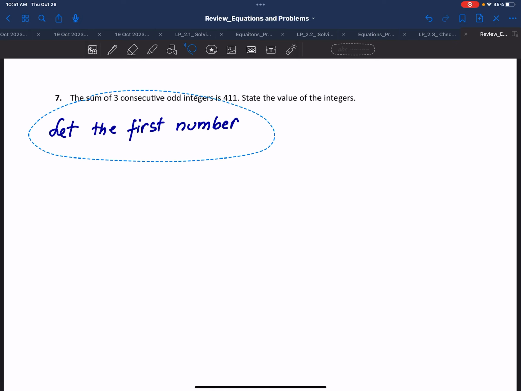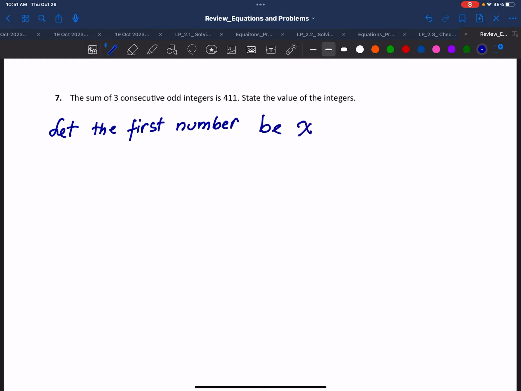Organize our information, very important. So let the first number be x, then the next number will have to be 2 units greater, because we're talking about not just any consecutive number, but consecutive odd. And the next number will be 2 greater than the previous, or in other words, x plus 4.